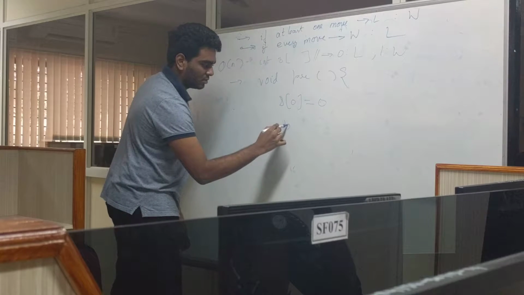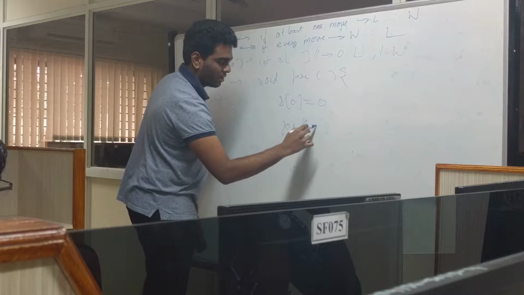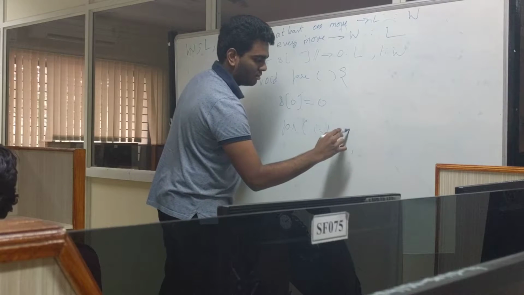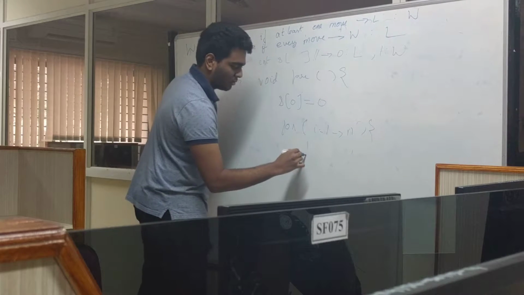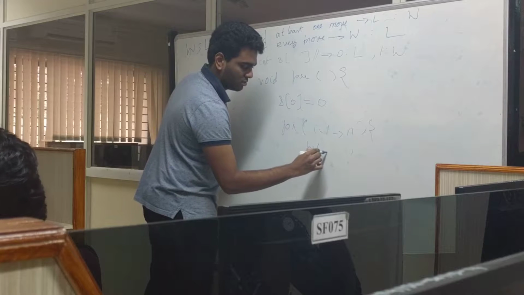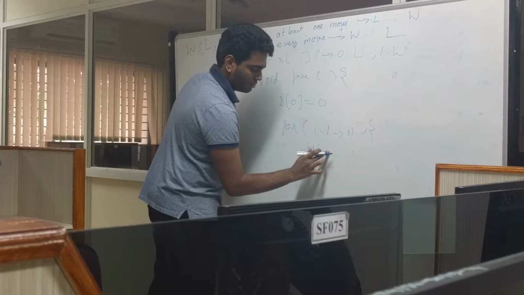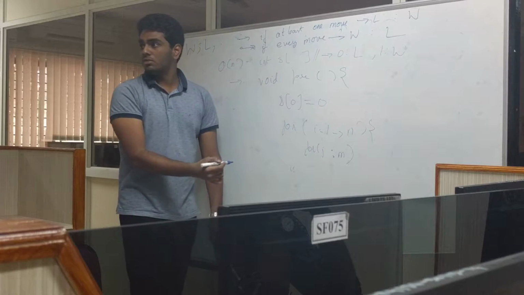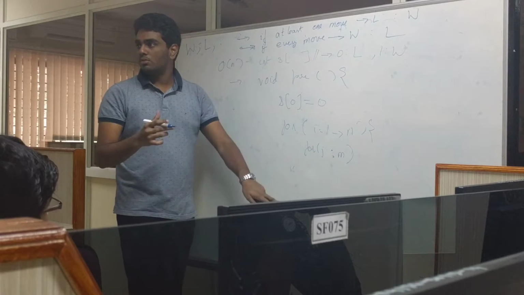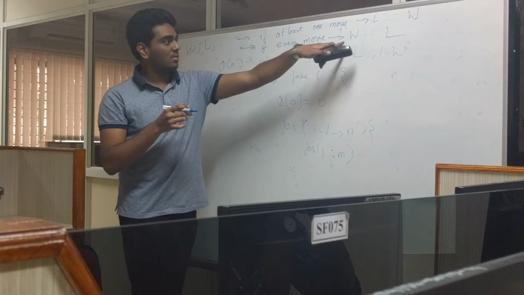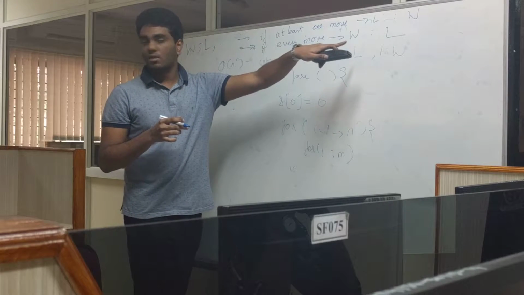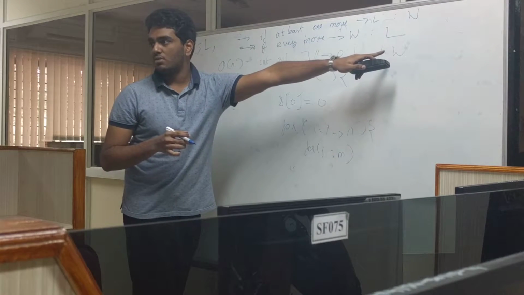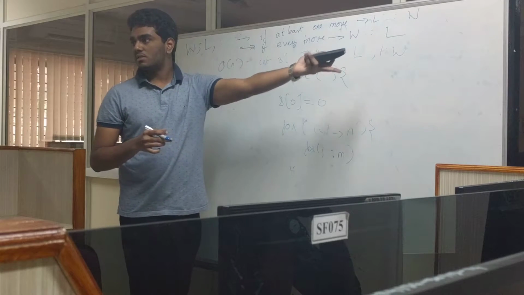Then one for loop from i equal to 1 to n. Then one other loop for all the moves. For each i, you should check all the moves. Check if all are winning states. If and only if all are winning states, set it as a losing state. Otherwise, set it as a winning state.